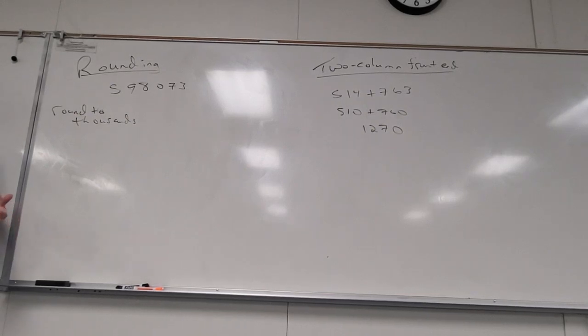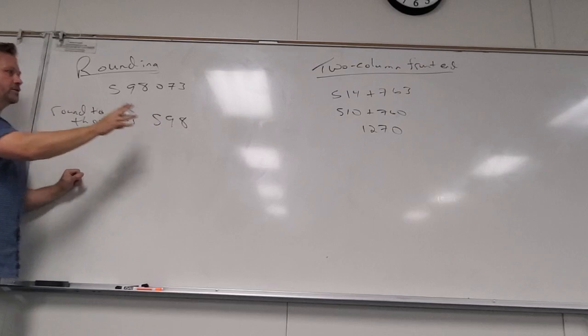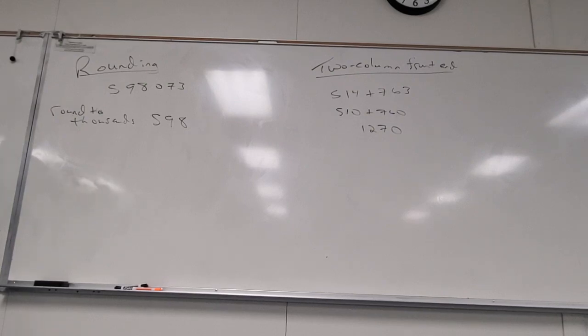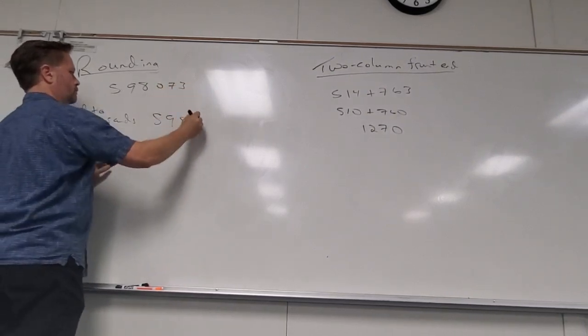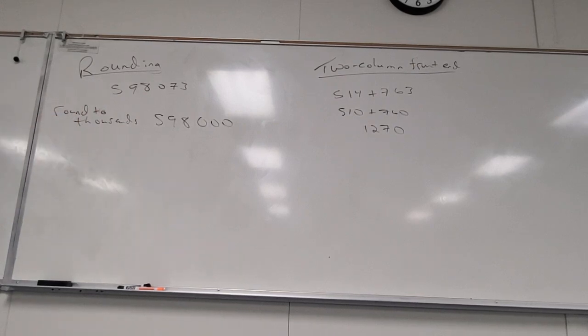What number's in the thousands place? 8, right? And what number's next to it? So then I leave it as 8. Now, sometimes I get a student actually do this. And I'm like, the answer you get is supposed to be close to the original number, right? So 8,073 is closer to 8,000 than it is to 9,000, correct?